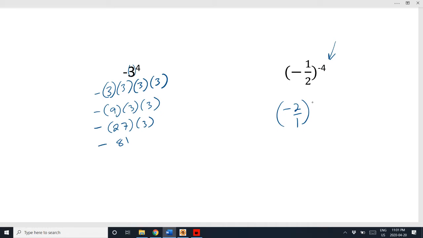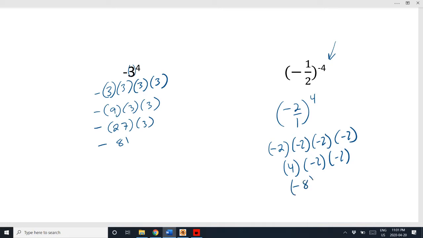And then we change the negative 4 to a positive 4. And then we can expand this. So this is the same thing as negative 2 times negative 2 times negative 2 times negative 2. If we multiply across, negative 2 times negative 2, that's positive 4. And then we still have these two negative 2s to deal with. So 4 times negative 2, that's going to be equal to negative 8. And we still have one more negative 2 to deal with. Negative 8 times negative 2, well, that's positive 16. So our final answer here is positive 16.